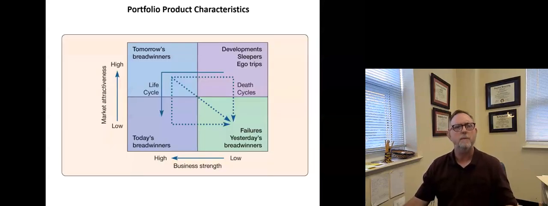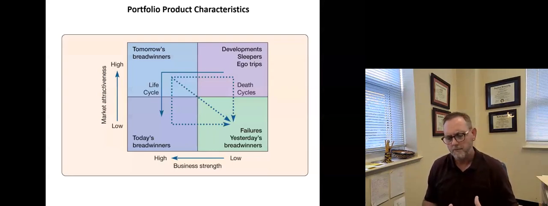The last thing that I'll talk about, and again, this is another interpretation of this model. So this is a base model. There's at least 3 or 4 different popular interpretations of it. The Boston Consulting Group Growth Share Matrix is one.